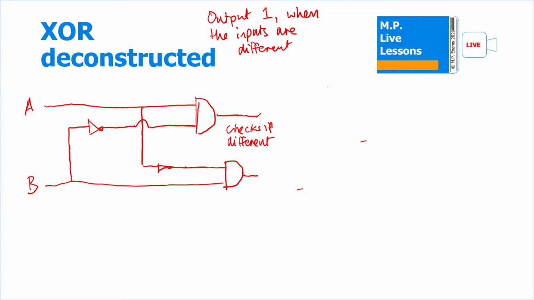So if we do an example, at this gate here, this receives the opposite of A, so not A, and B. So for example, if we do the truth table, for example, if A is 0 and B is 0, so A would be flipped to 1, and B would stay as it is.